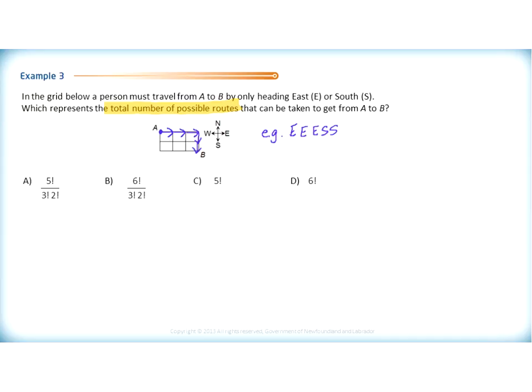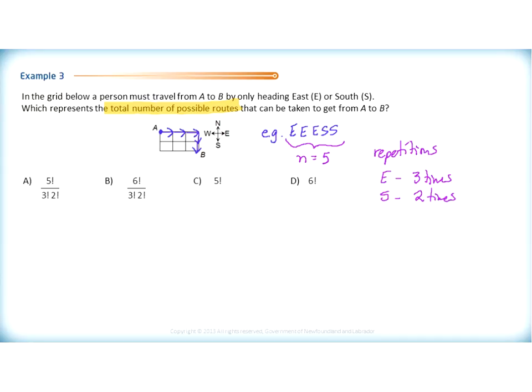So this is a case of a permutation involving repetition again. You can see here that altogether, no matter what path you choose, you will have to travel east 3 times and south twice. N is equal to a total of 5, and this one involves repetitions because E is there 3 times and S is there 2 times.